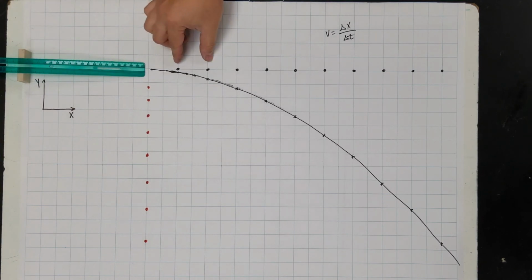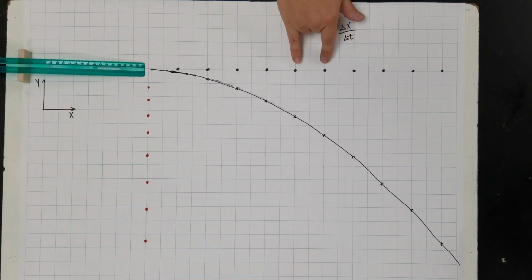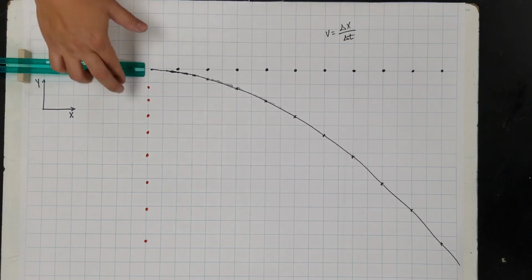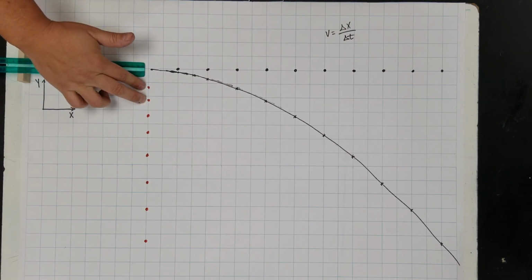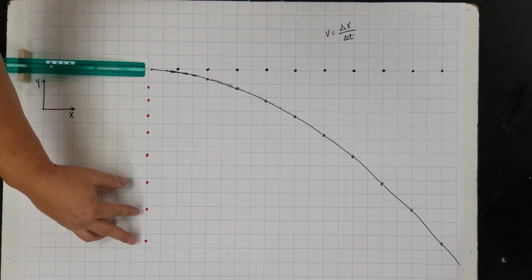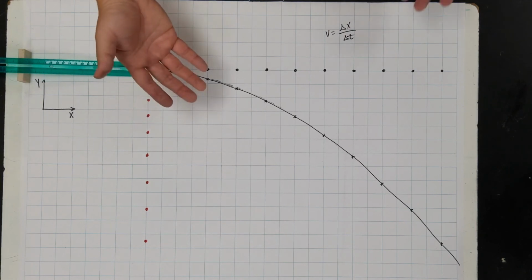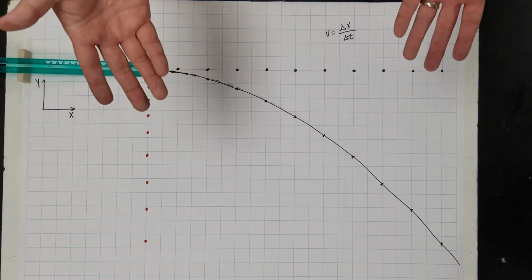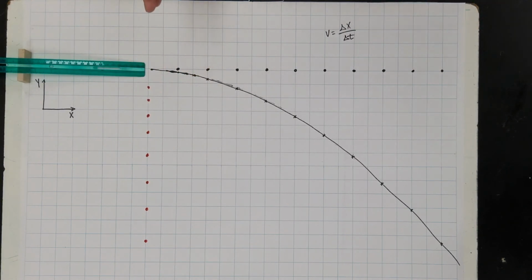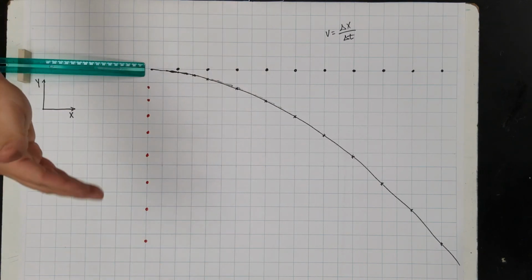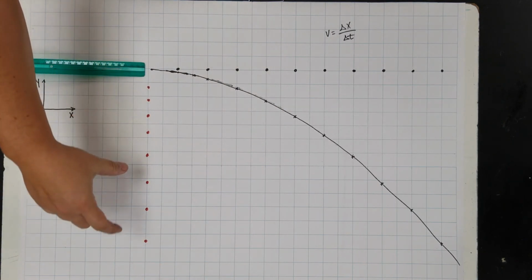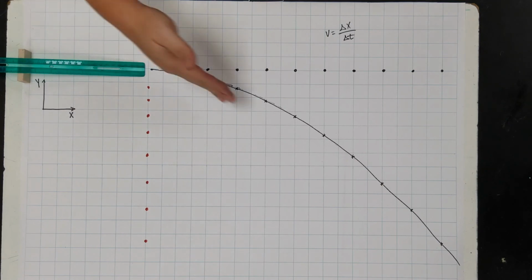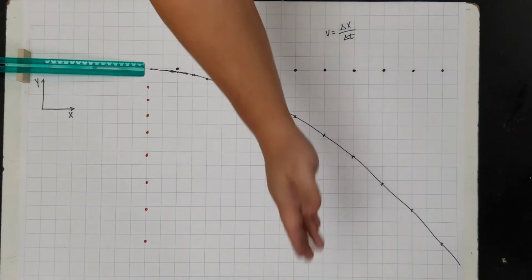Over here, in the x dimension, it was going at constant speed, so it's always 2 grid lines apart. But over here, it started about a grid line, and at the end, it's almost 2. You can imagine if this board was propped up more, it would have accelerated more in this direction, these spacings would have gotten further and further apart, and my parabola would be more bent down.